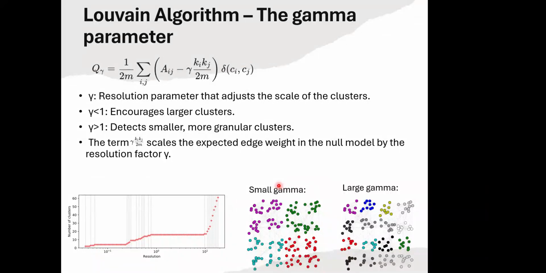If we take, for example, a very small gamma, we'll have just one cluster. We can see over here a graph that shows how many clusters. This is the cluster axis, and this is the resolution axis. As the gamma rises, we get more and more clusters, and as the gamma is smaller, we get fewer.